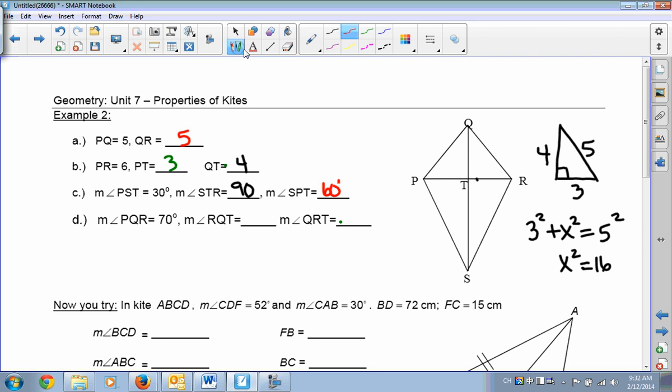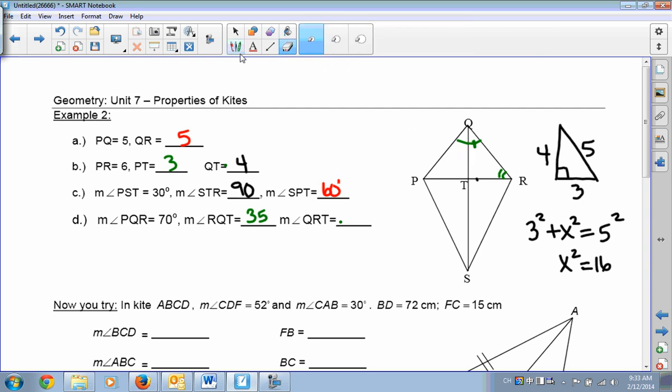Okay, now we have the measure of angle PQR. Okay, so this whole angle up top is 70. The whole angle. So RQT, just half of it, this part of it, would be how much? 35, good. And QRT, okay, so now it wants this angle. So how are we going to find that angle?